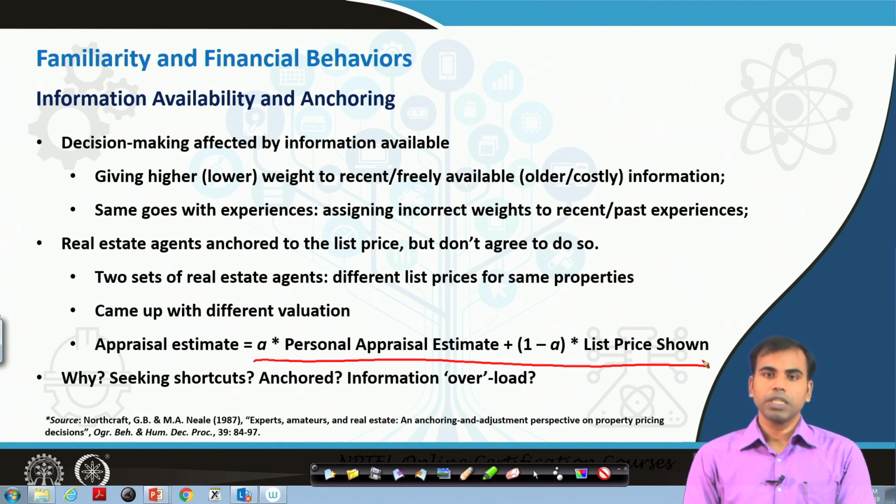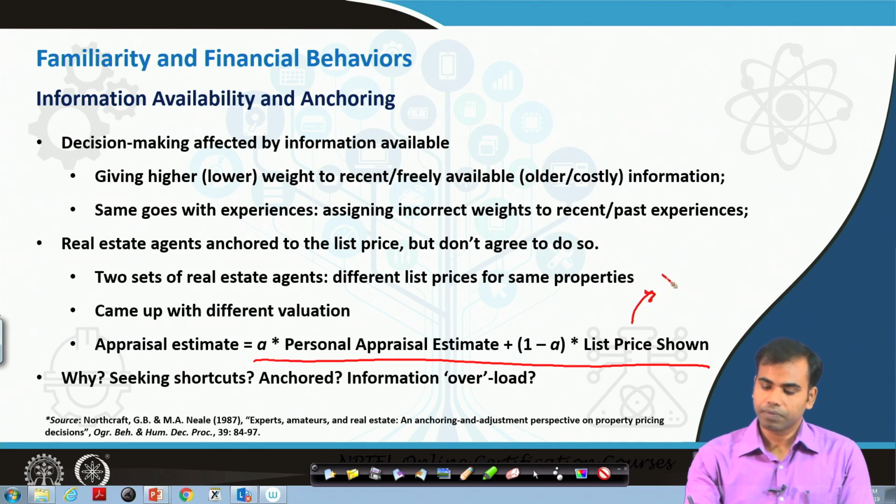So, this equation indicates that they were given two list prices, let us say x or y, whereas x was smaller than y.